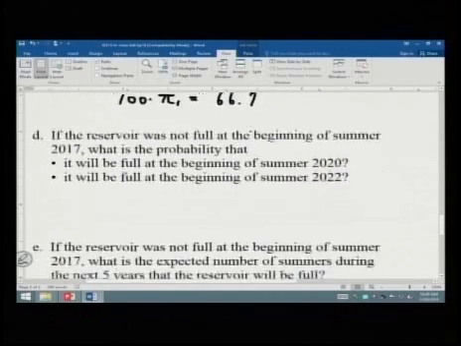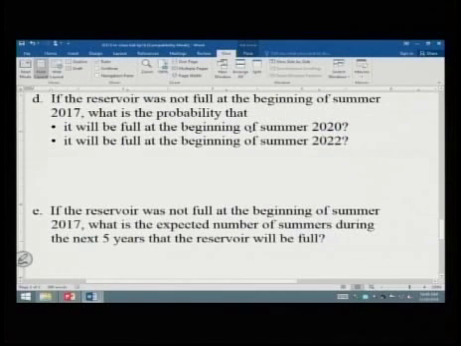Okay, then how could we deal with the next question? If the reservoir was not full at the beginning of summer 2017, what is the probability that it will be full at the beginning of summer 2020, and that it will be full at the beginning of summer 2022? So let's deal with the first question.